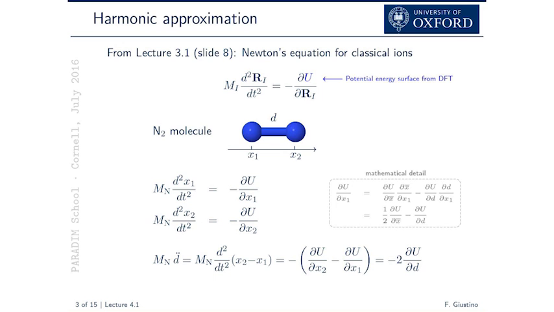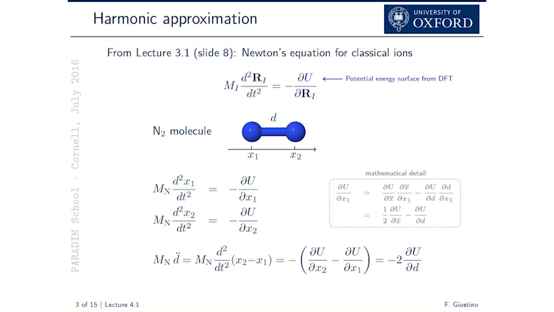And then we made an approximation that nuclei can be described as classical particles. So at that point, we end up with a Newton equation. And the only bit that comes from DFT is the total potential energy surface. So the structure of the equation doesn't change. What depends on the calculation is this potential energy.